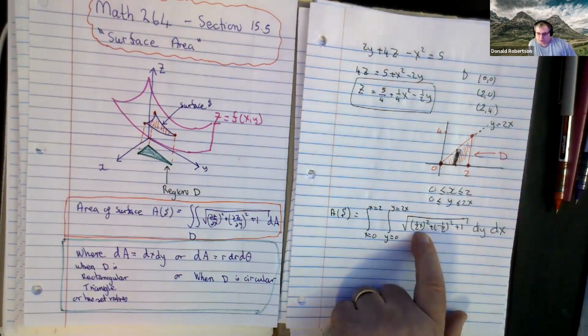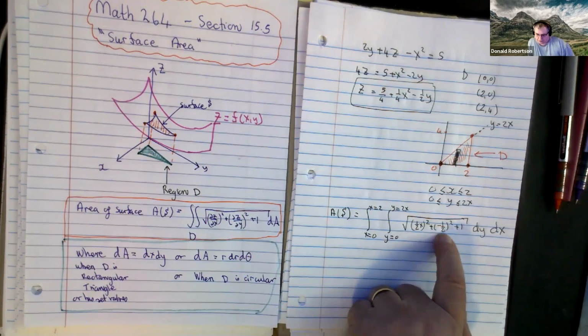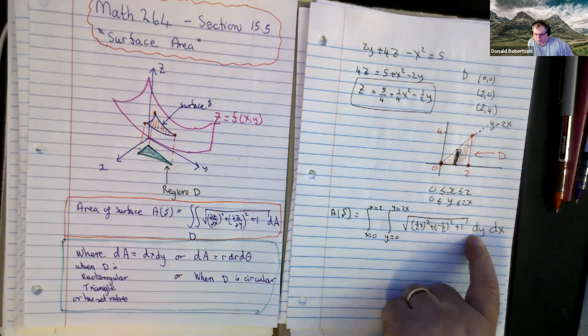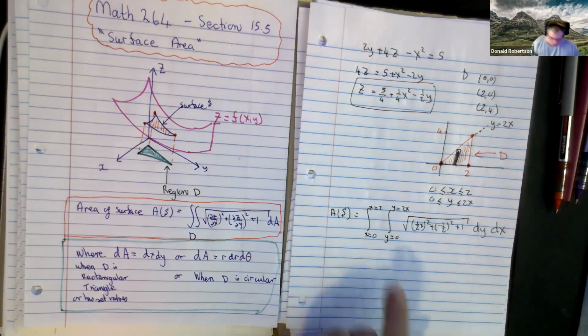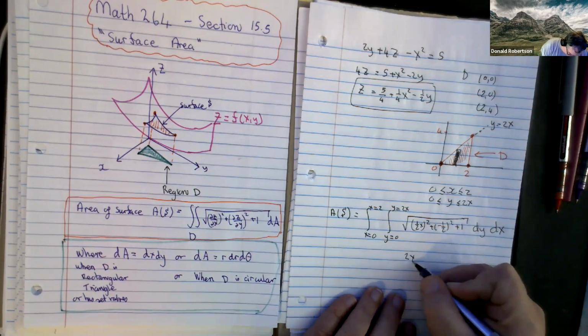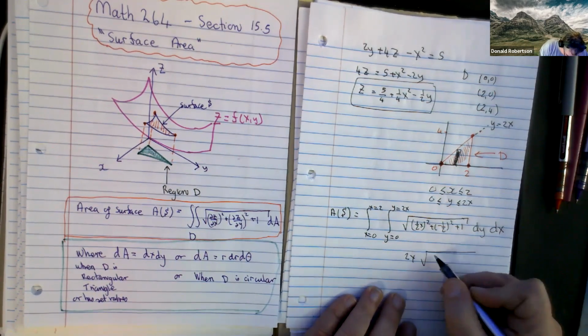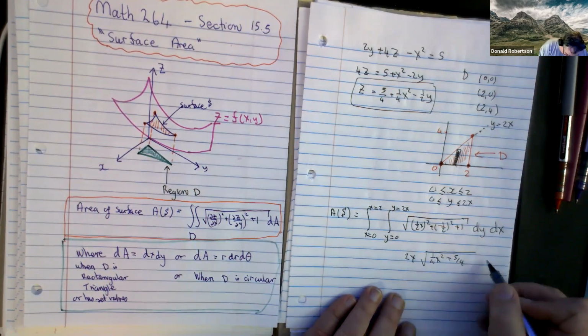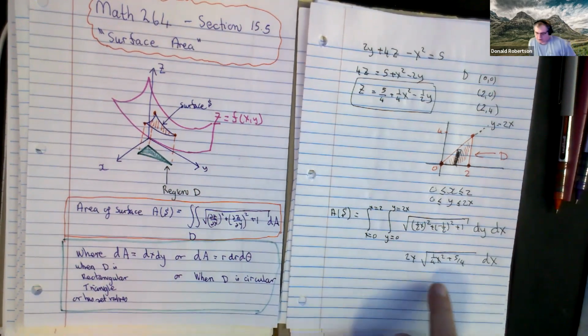Okay, that guy is going to be a quarter x squared and plus 5/4. And I know that looks really ugly, but if you integrate it with respect to y, your next line, you will have a guy that looks something like this. That's what the next integral would look like.